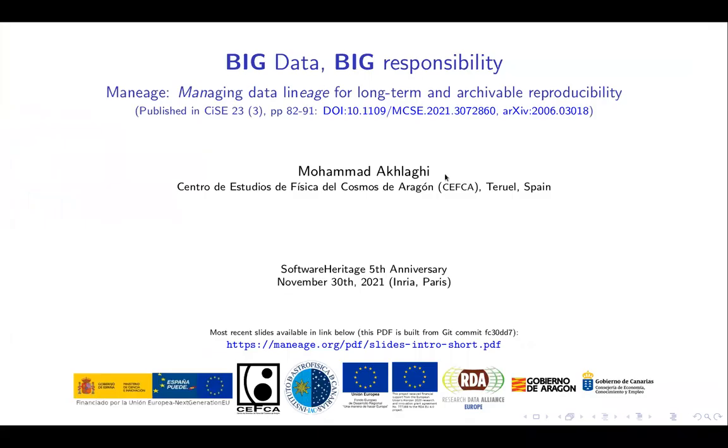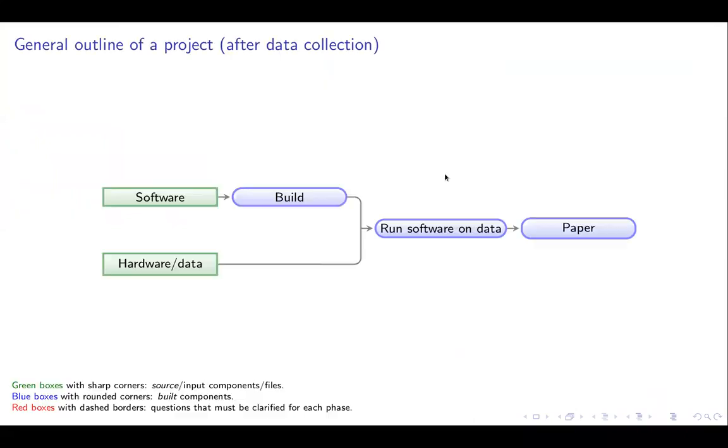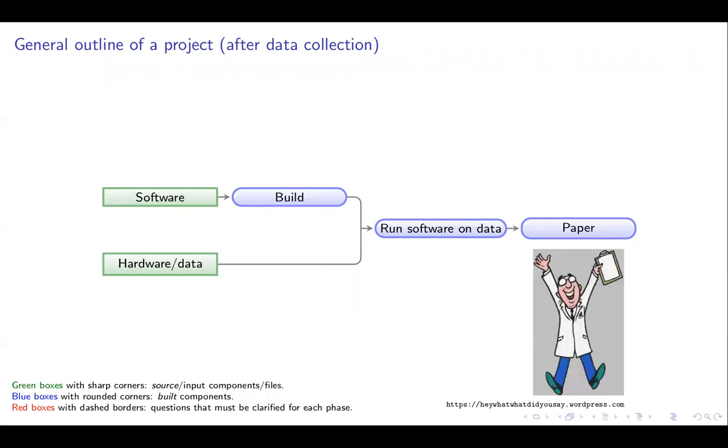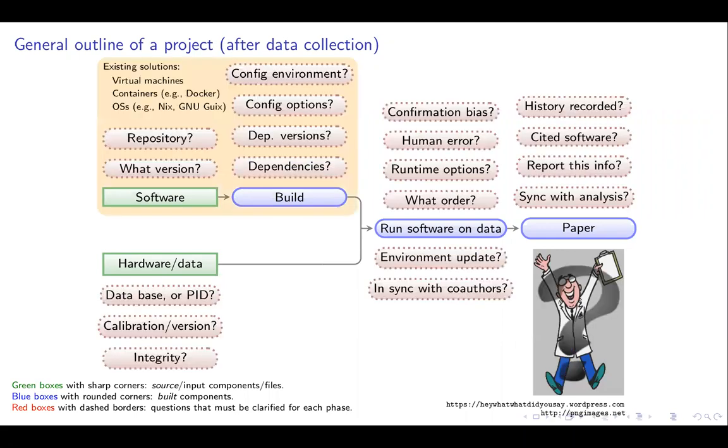Okay, so when we think of a workflow, we think: I have some software, I have my data, then I build my software, and then I run my software, and boom, I have my paper. This is how a paper comes out.